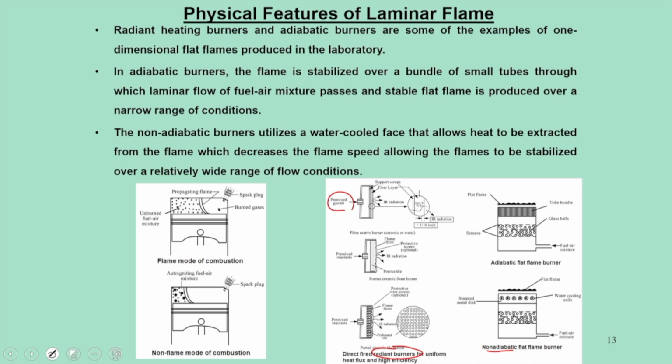So those burners are designed to create a flat flame. Here it is a planar flame, this is a flat flame. The design features involve boro structures as we discussed yesterday. There may be some screens, glass balls where fuel air mixture enters, and subsequently we generate the flame.